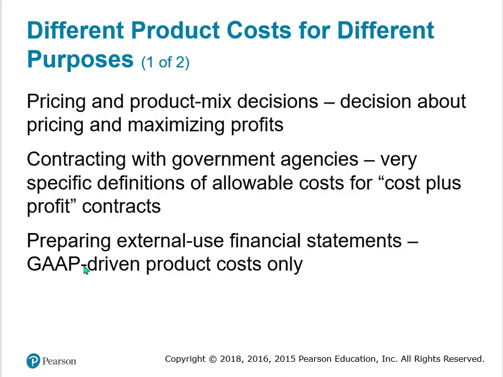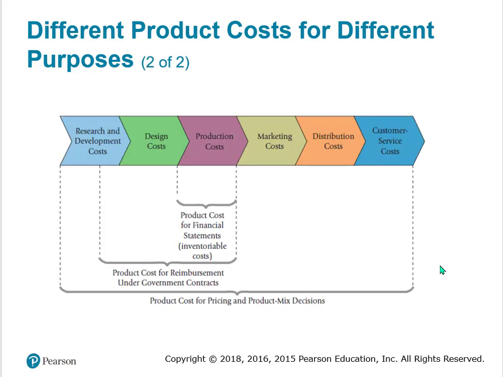So these different purposes can result in different measures of product cost, and there's a nice illustration on the next slide. I really like this. It's a good slide. It shows all product costs from research and development to design, production, marketing, distribution, and then customer service.